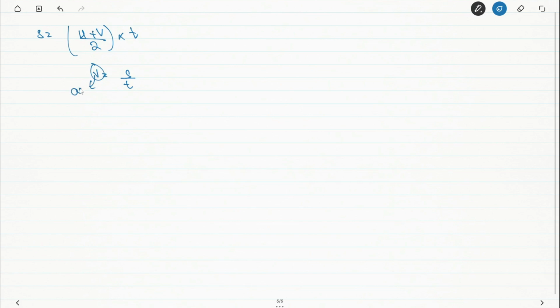So for half of the journey, if you are traveling at a speed of 25 and for half of the journey you are traveling at a speed of 27, the equation will give you the answer 26, which is the average speed. So the average speed is u plus v divided by 2. This is the average velocity.